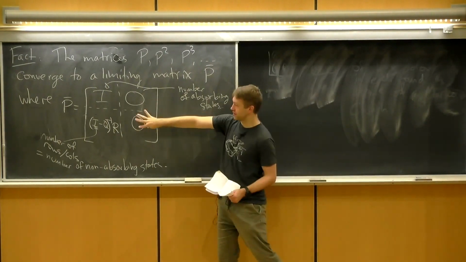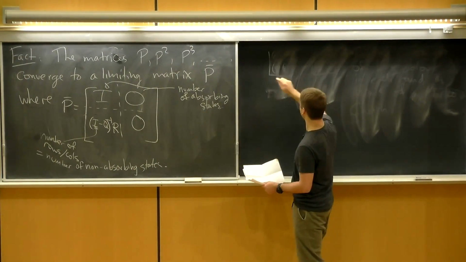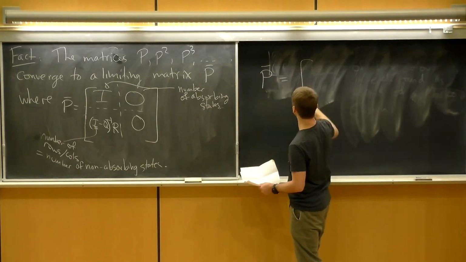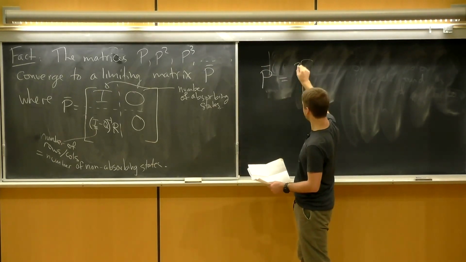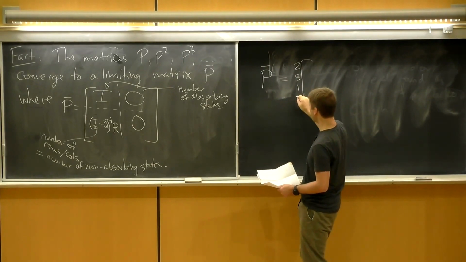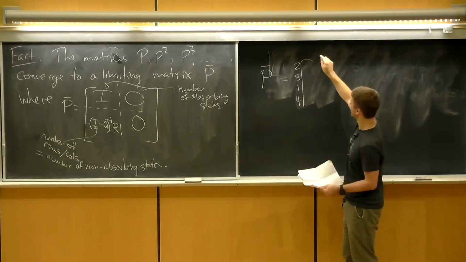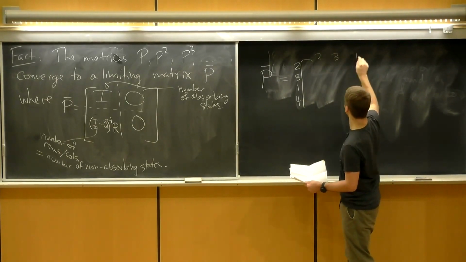So now, if I use this fact here, what it tells me is my limiting matrix. We should remember our states are ordered 2, 3, 1, 4. If you remember, that's how we reordered them. So 2, 3, 1, 4.